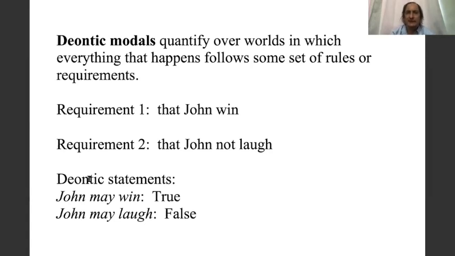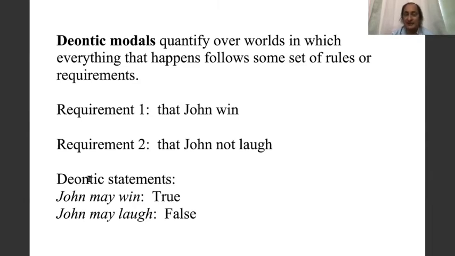Okay, so deontic modals first. They quantify over worlds in which everything that happens follows some set of rules or requirements. Okay, so imagine that there are two requirements. Requirement one is that John win.